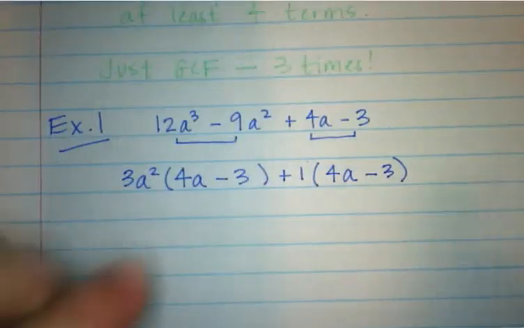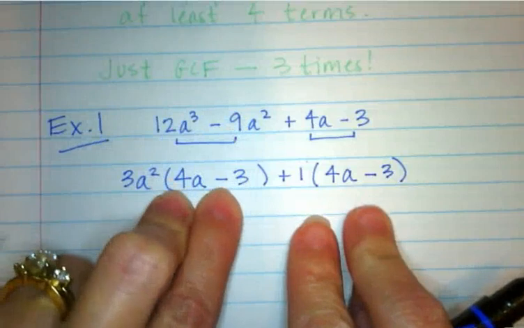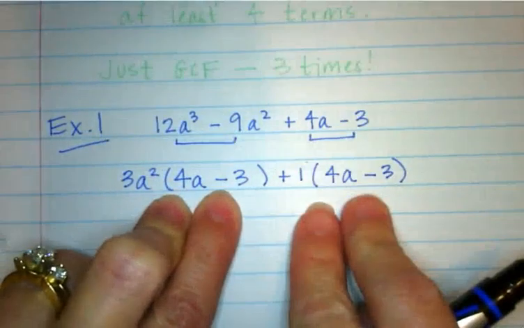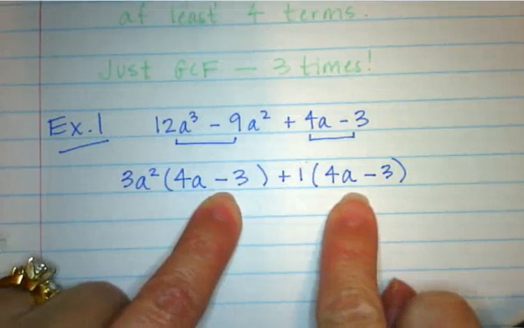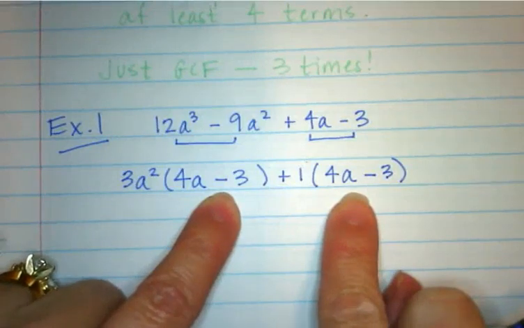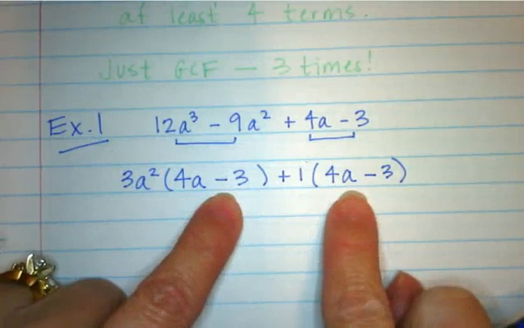I factored the GCF out of this group and out of this group, and I ended up with identical parentheses. That's not a coincidence, that's on purpose. You need to have the same thing in your 2 sets of parentheses.